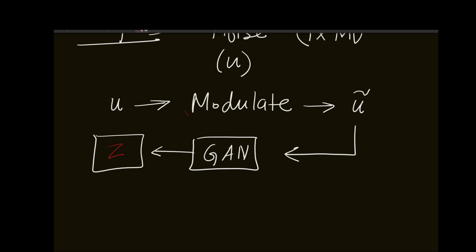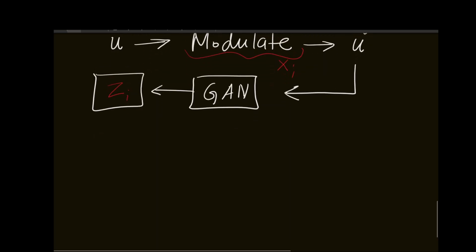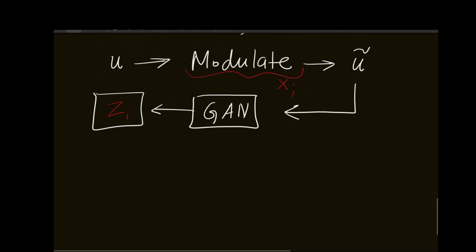The modulation task is where x sub i, the ith observation, comes in. The ith observation is used for modulation, and then we get an image Z sub i, the corresponding image. The paper has plenty more details about the way we modulate.